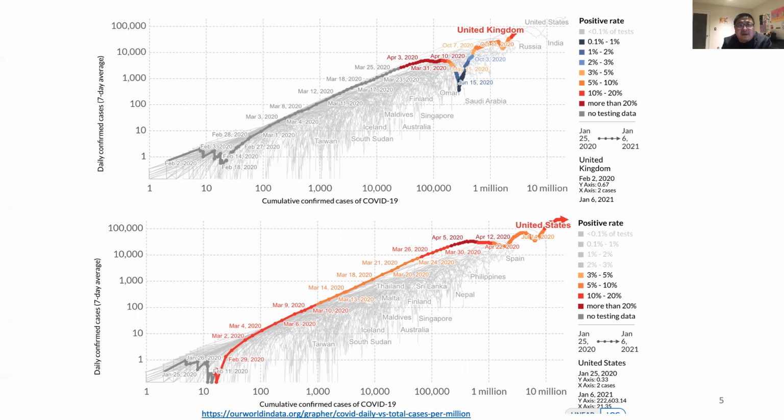From the top figure, we can clearly see a two-wave trend for the case increase in the United Kingdom. From the bottom figure, we can see that for the US, it is almost an always-increasing trend in terms of the number of cases, although there are some fluctuations in the middle of 2020, but overall it has a pretty impressive increasing trend.